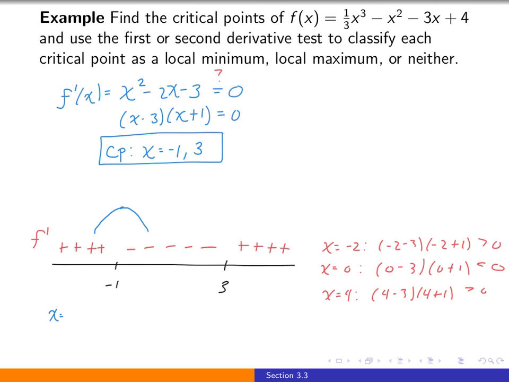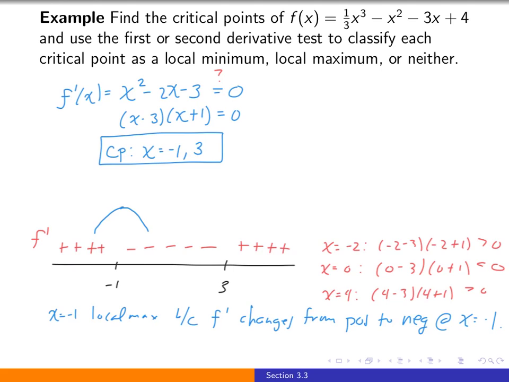So x equals minus 1 is a local maximum because the derivative changes from positive to negative at x equals minus 1. And as long as you draw what's going on above your number line, we could just say x equals minus 1 is a local max by the first derivative test.